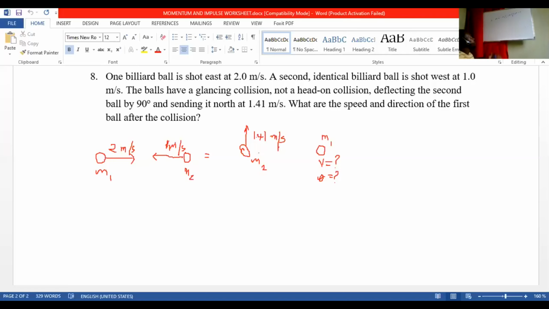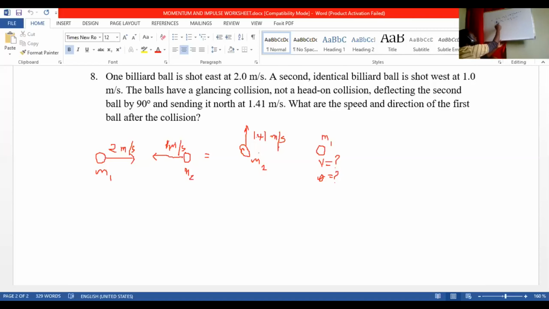So let's substitute the values. We have M1, V1 here is 2, so it's 2M1 minus V2 is 1, so that's just M2, equals M1 V1F, which is unknown, cos theta, which is unknown.